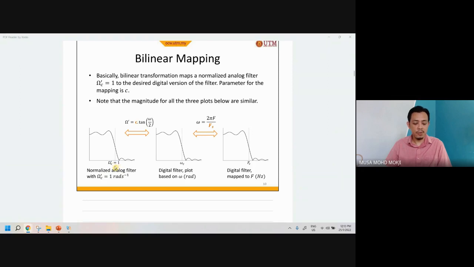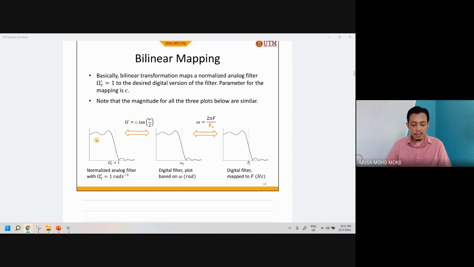Why do we do that? Later I will explain it. But we take this analog filter, where the cutoff frequency is fixed at omega c equals 1, and convert it into a digital filter. You need that C parameter because this is the conversion between the frequencies.